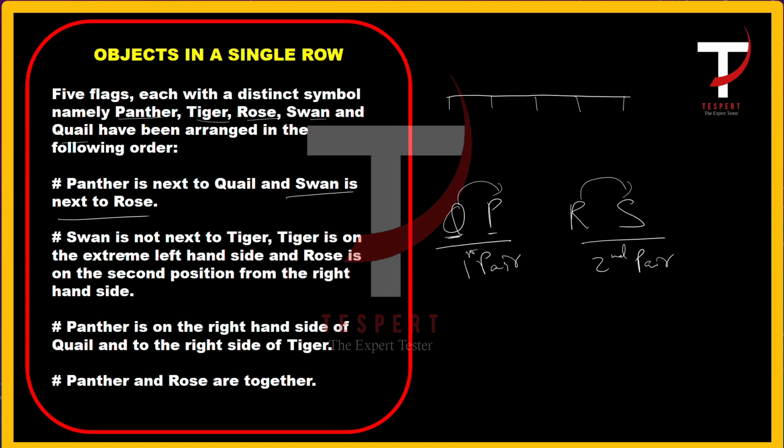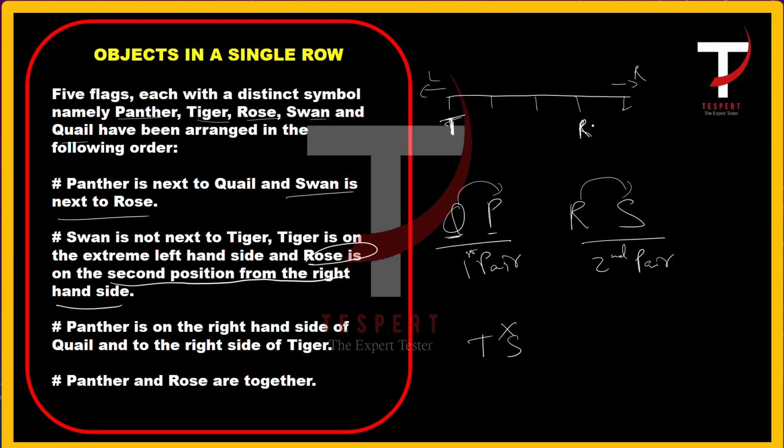Come to the second statement. Swan is not next to tiger; after tiger, swan shouldn't come. Tiger is on the extreme left hand side. If we consider the direction, this is the left hand side, this is the right hand side, so we can place tiger here. And rose is on the second position from the right hand side, so rose comes here.